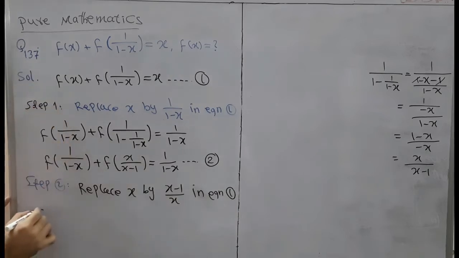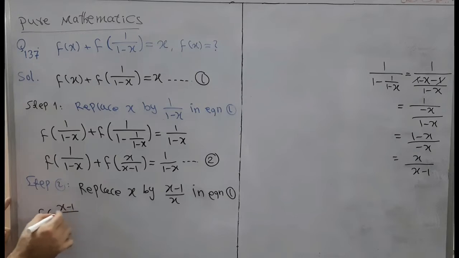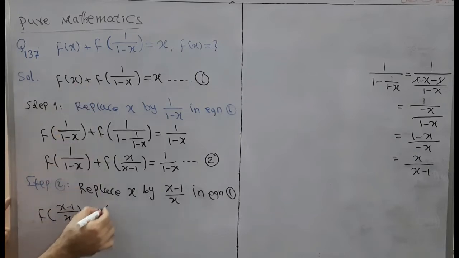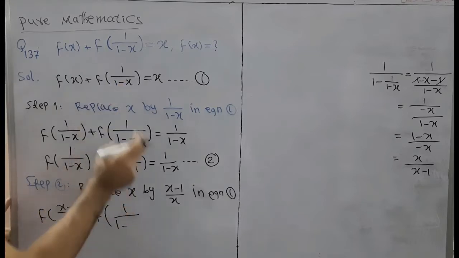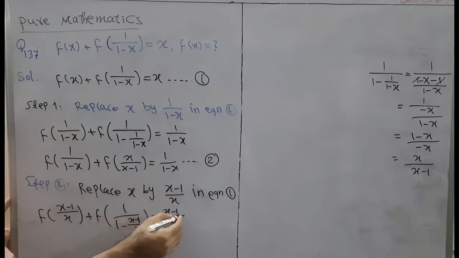Here we get f of, instead of x we can write x minus 1 over x, plus f of 1 over 1 minus, instead of x we can write x minus 1 over x, is equal to x minus 1 over x.